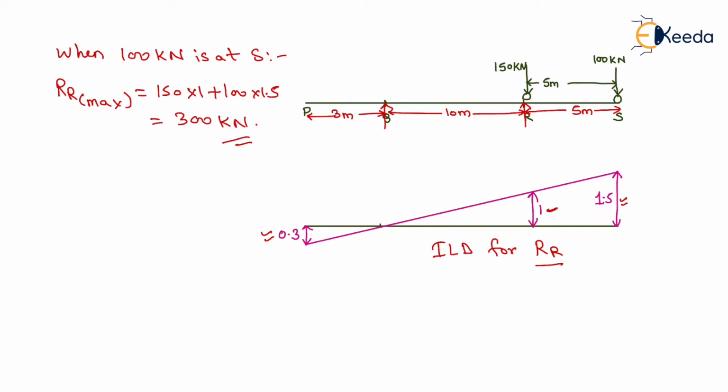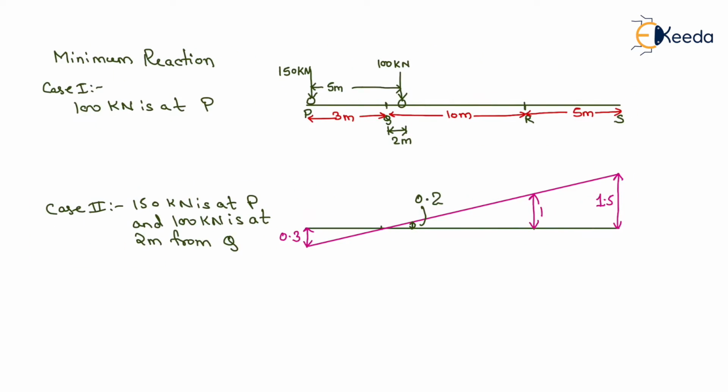Now we need to find the minimum reaction at R. For the minimum reaction at R, the ILD will be like this. Okay, we had already made the ILD for reaction at R. Now there will be two cases for the determination of minimum reaction at R. First one is when the 100 kN load is at P. It means that the 100 kN load is here and the 150 kN load is behind the 100 kN load like this.